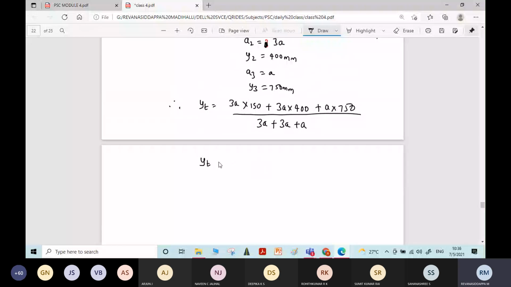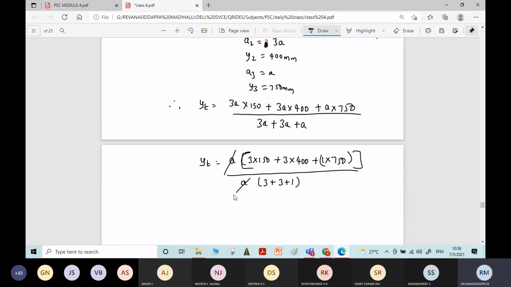Yt is equal to A into (3 into 150 plus 3 into 400 plus 1 into 750), all divided by A into (3 plus 3 plus 1).